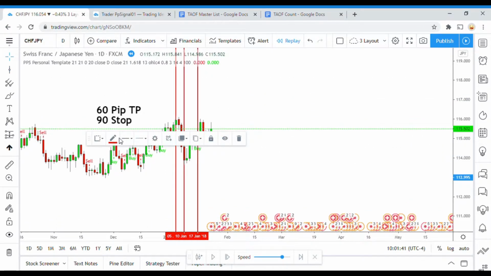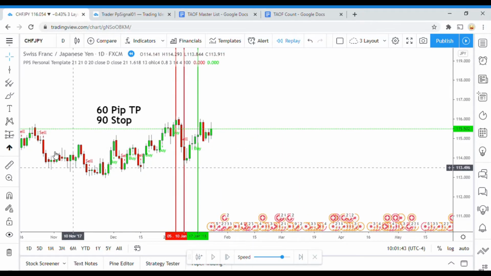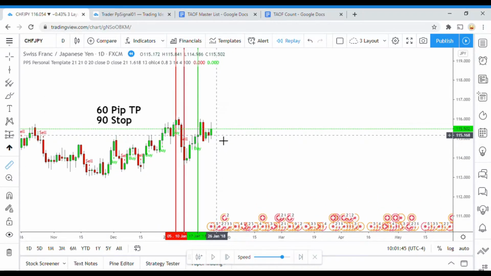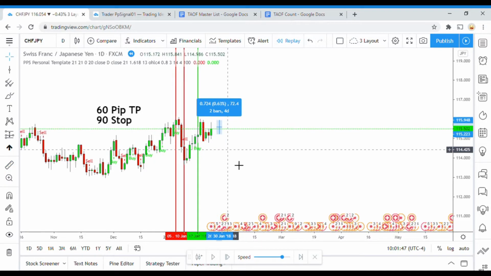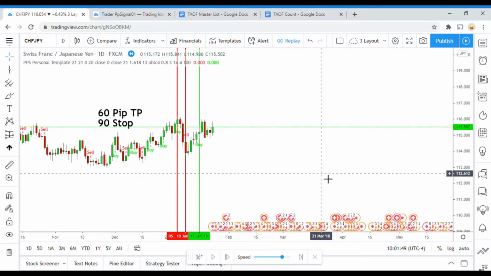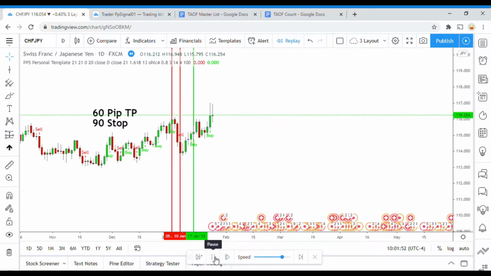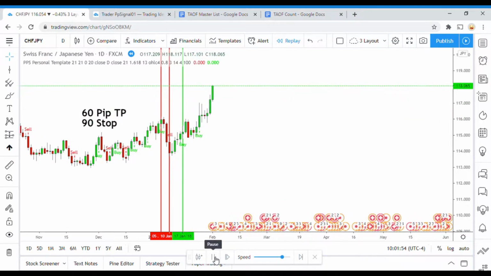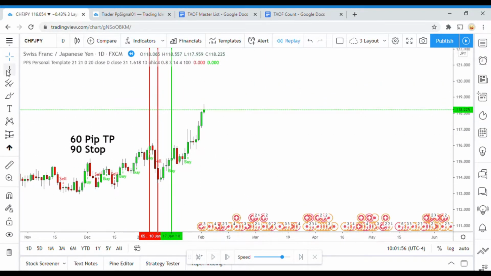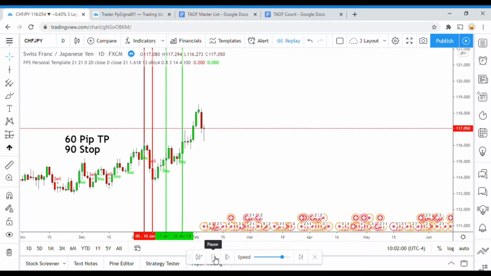Then we get this one right here. That one does, double check. Yep, that one got the take profit. So good. Then that one there definitely got the take profit.